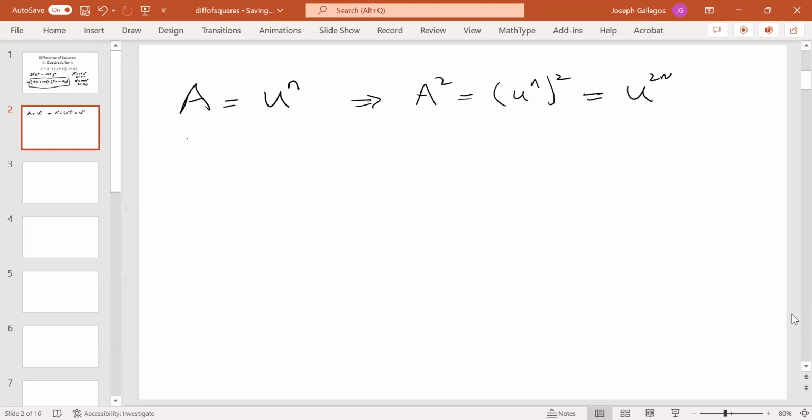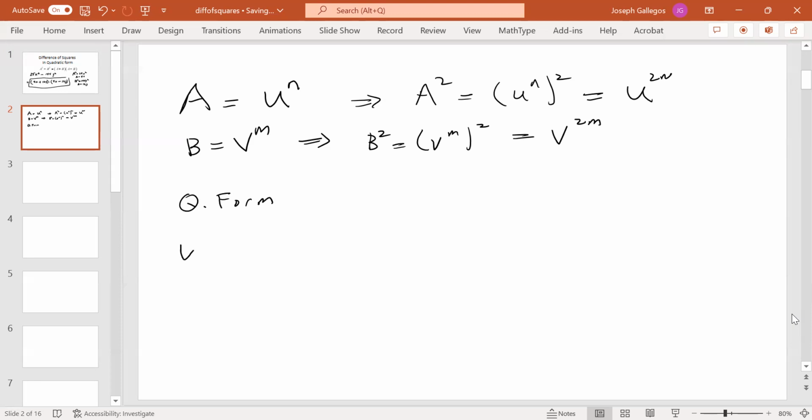And if I let b be v to the m, then b squared would be v to the m squared, which simplifies as v to the 2m. So the difference of those two squares in quadratic form would look like u to the 2n minus v to the 2m.